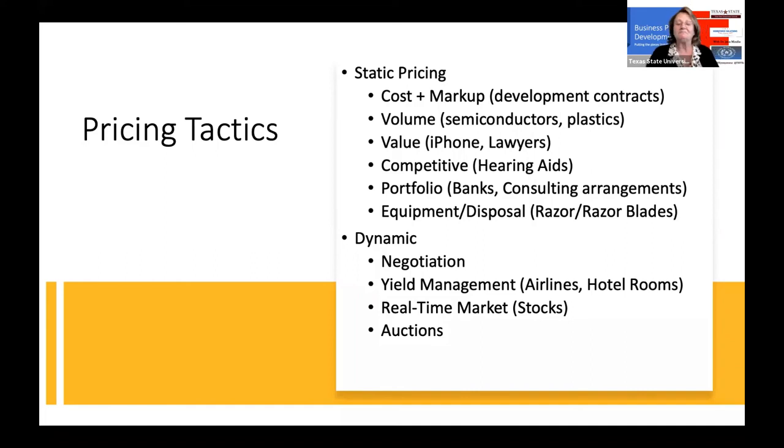Yield management. Now, this is something that happens with airlines and hotel rooms, and I think we're familiar with it; you just haven't heard these terms before. For airlines, they will give you a lower price the further away from when you fly, because they have all these seats available to sell.